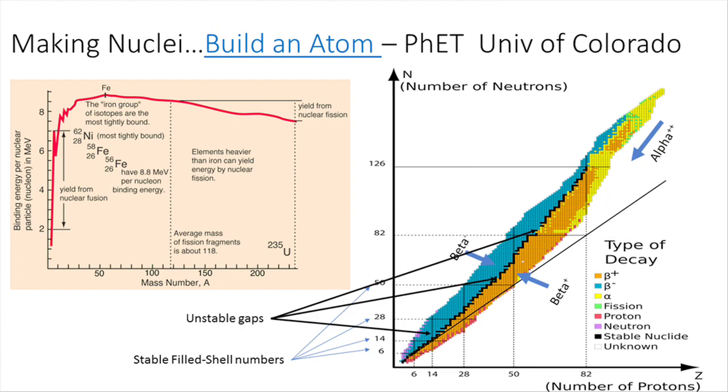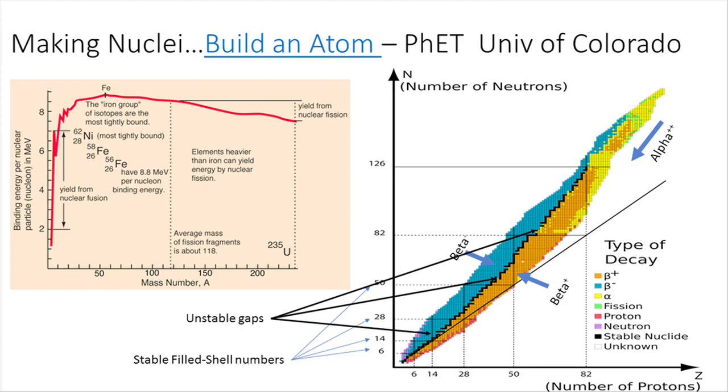You remember when we were doing the periodic table and we had some elements that were particularly stable? Those are our inert gases or noble gases. Those had complete shells. Same thing happens with these guys here. These are stable filled shell numbers, and they're the same for neutrons and protons.